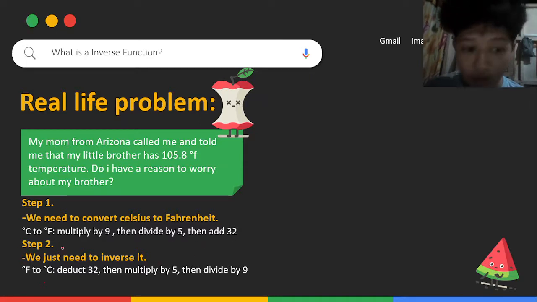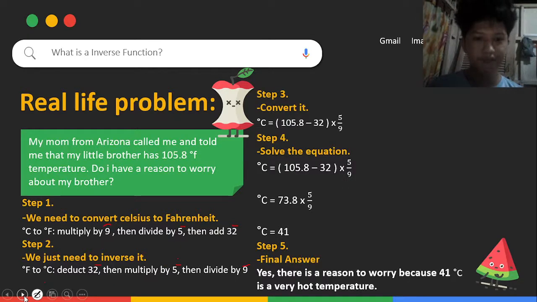Step 2, we just need to inverse it: deduct 32, then multiply by 5, then divide by 9. As you can see, the 9 is in the last, the 5 is in the middle, and the 32 is in the first. That's why this is the inverse.